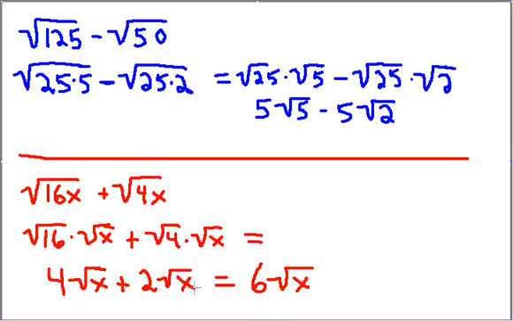Here the x is to the exponent of a half, and here the x is to the exponent of a half. Therefore, we combine them in this addition problem by adding the coefficients together, the coefficients being 4 and 2. So 4 radical x plus 2 radical x equals 6 radical x. This is the simplified form of radical 16x plus radical 4x.